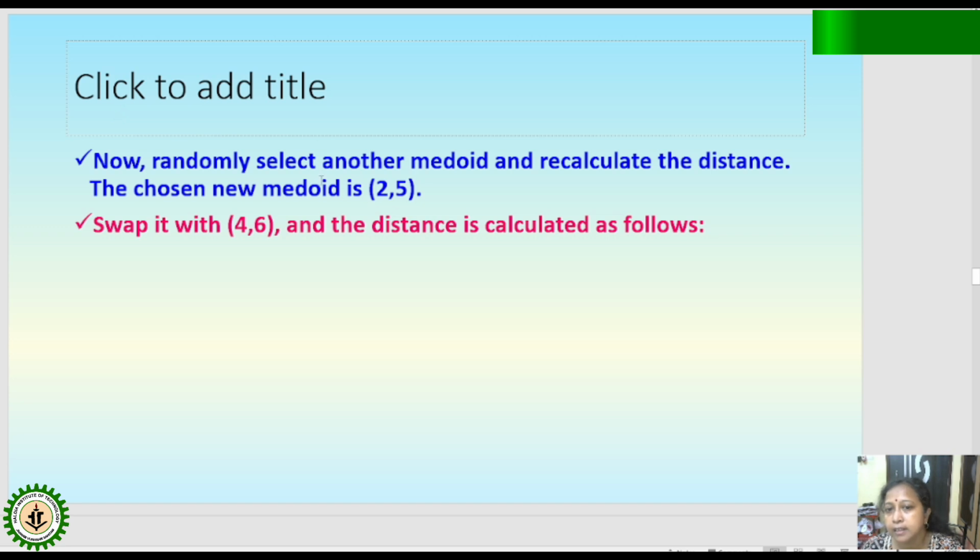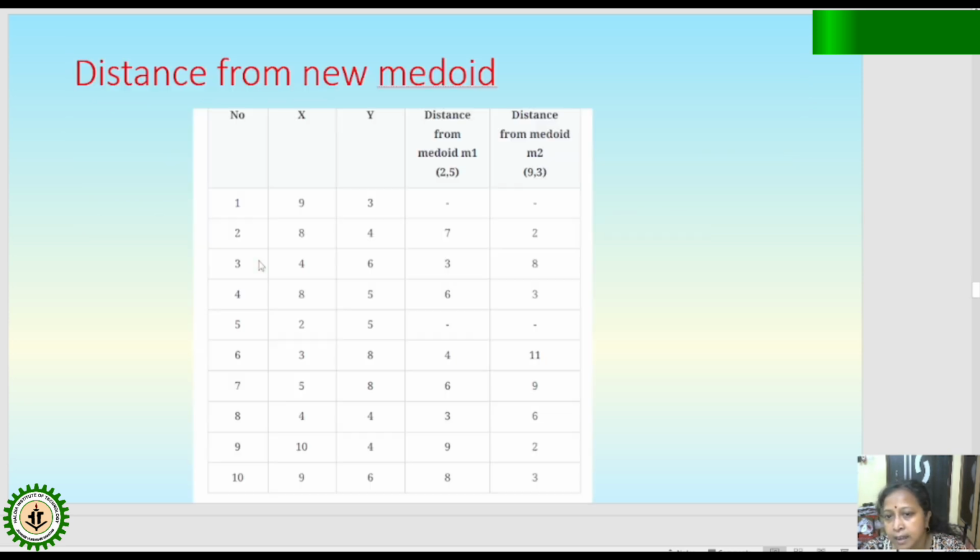Now randomly select another medoid and recalculate the distance. The chosen new medoid is 2, 5 and swap it with the 4, 6. Here what happened is, from the cluster M1 we have taken another data point as a new medoid and we have just swapped the value 2, 5 with the medoid 4, 6 and again prepare this table.